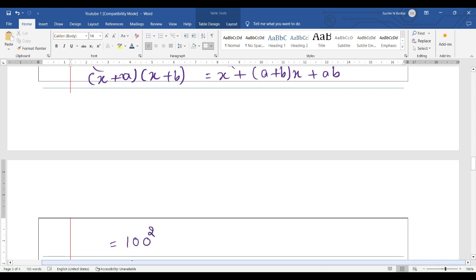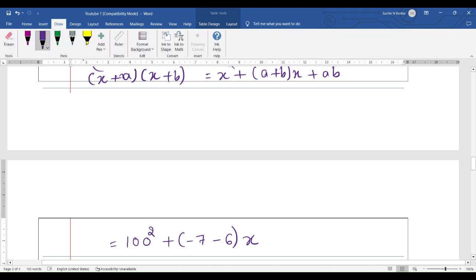100 is x, so 100 square plus (minus 7 minus 6) times x, which is 100, plus ab, which is minus 7 multiplied with minus 6.